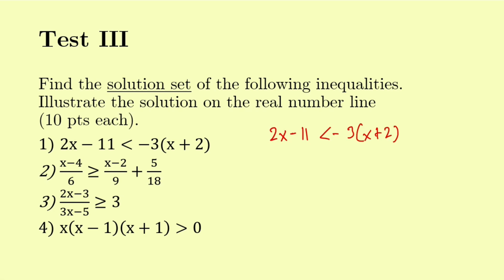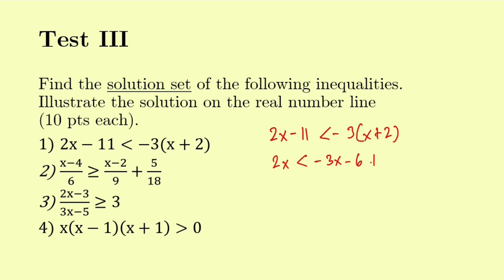Wala naman masyadong kailangang cases dyan, no? We will simply work on it as if we are solving an equation, with the exception of multiplying and dividing negative numbers kung saan mag-flip yung ating inequality. So 2x is less than negative 3x minus 6. Dinistribute ko si negative 3 sa dalawa.